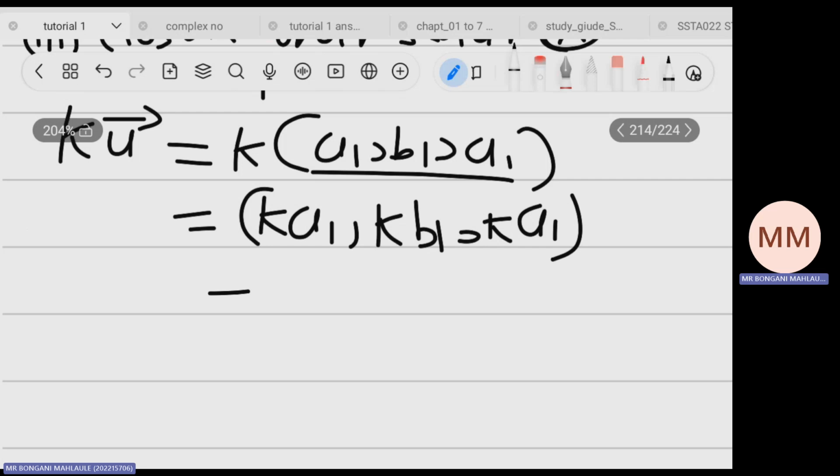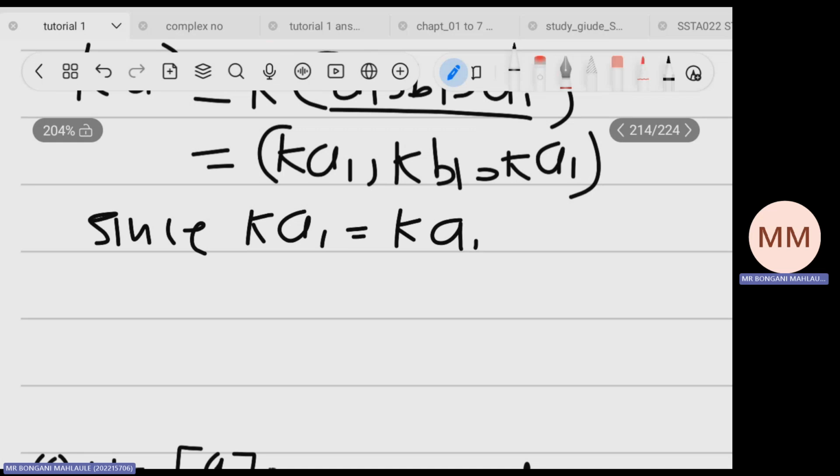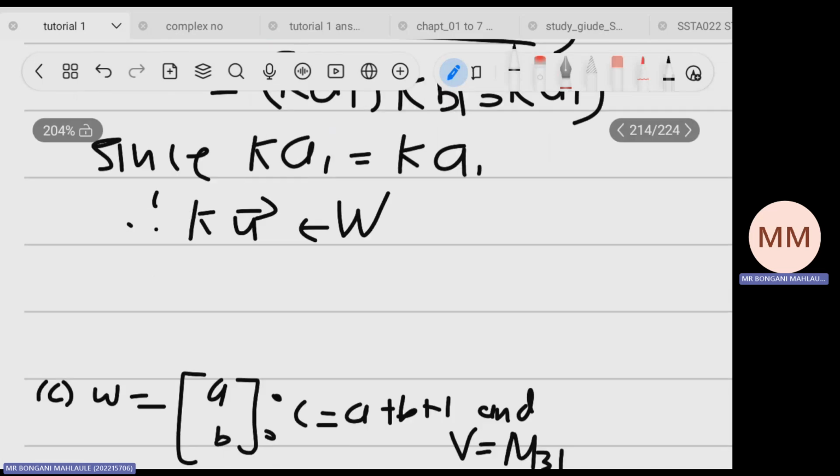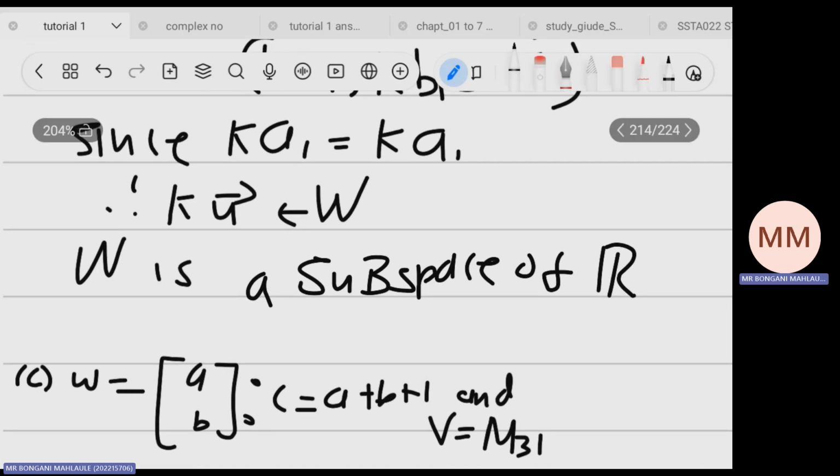So you can see that since K A1 is equal to K A1, therefore KU is an element of W. Therefore W is a subspace of R3.